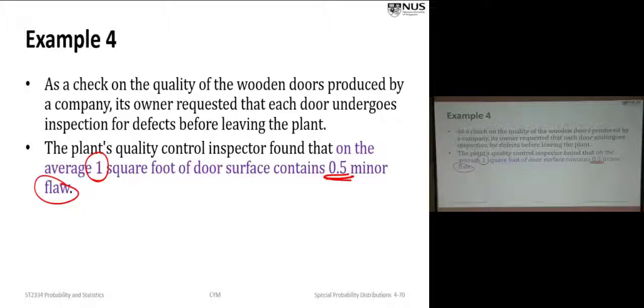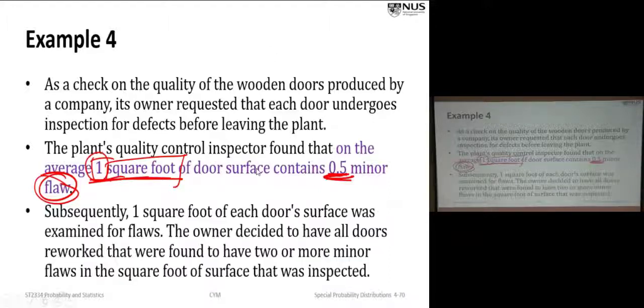And we know that for an area of 1 square foot, there is 0.5 minor fault. So in other words, here X is the number of minor faults, and we are talking about a certain area of the door. The average is 0.5 minor fault over 1 square foot of the door surface. All right?